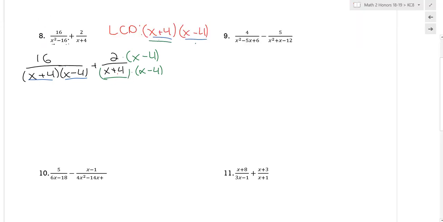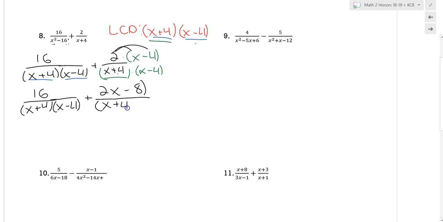So now rewriting it. We have 16 over x plus 4, x minus 4, plus, we're going to distribute 4, x minus 4.